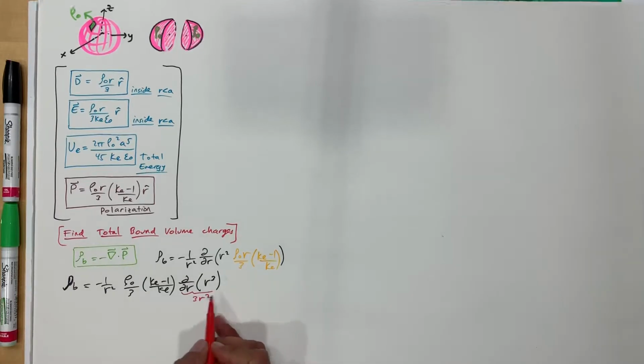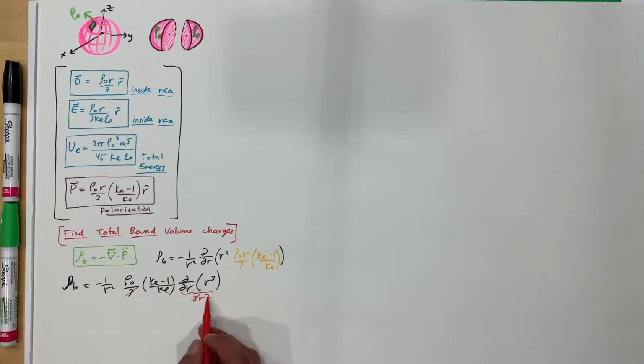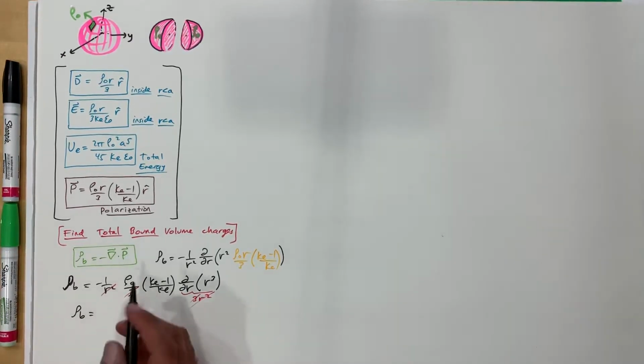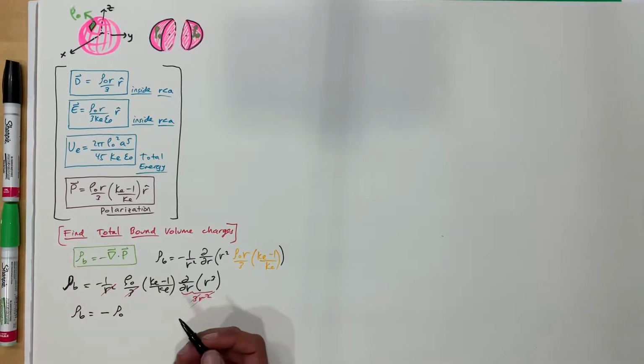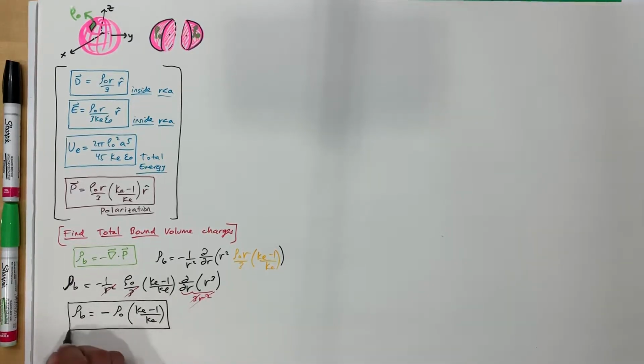And if you see, the 3 on the bottom cancels with this one, and the r² on top cancels with this r² on the bottom here. So what we're left with for the bound volume charge is negative rho naught, free charge, and ke minus 1/ke, which tells us stuff about how the electric properties behave inside the material.